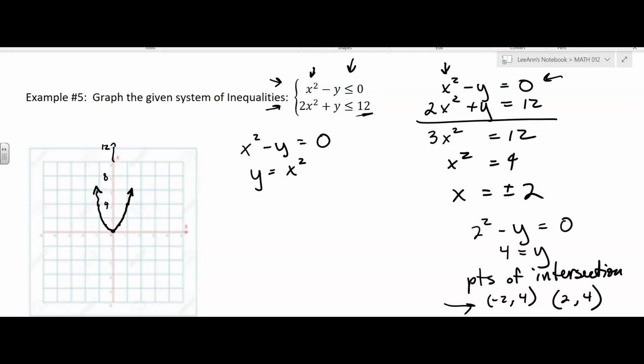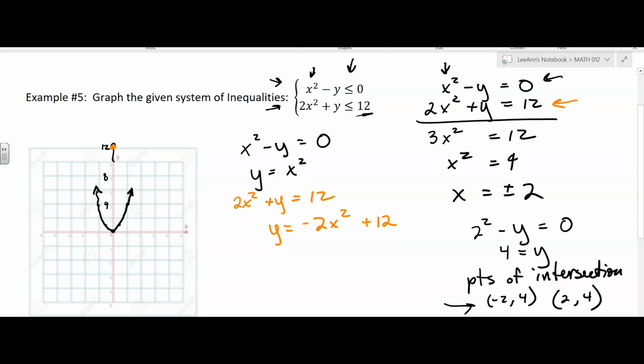Now I'm going to switch colors and go to this other one, and I want to graph that. So I have 2x squared plus y equals 12. I'm graphing the equation y equals negative 2x squared plus 12. So this is going to be an upside down parabola. It's going to go through up here at 0, 12.